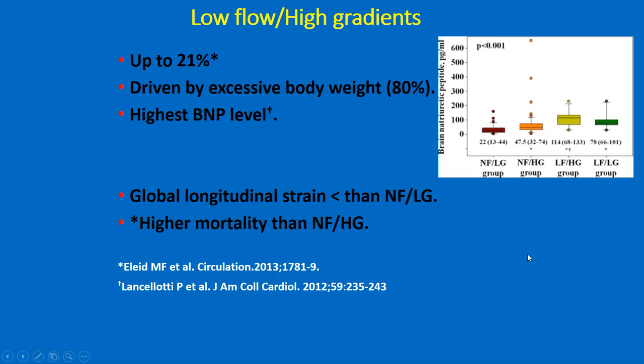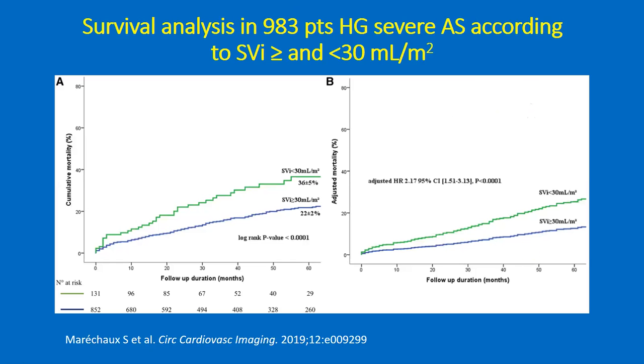This is a study in 983 patients with normal flow, with low flow, high gradients. And the low flow threshold was considered 30 and not less than 35 milliliter per meter square.